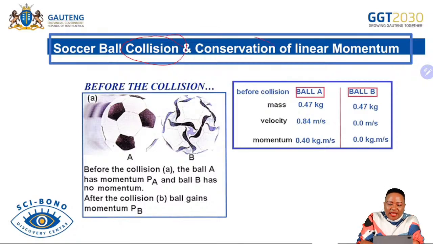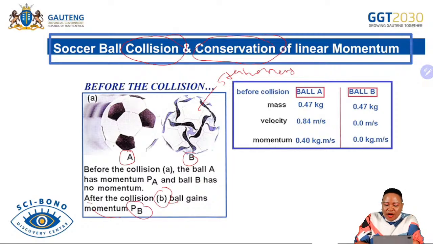We are looking now at the conservation of linear momentum. Soccer ball collision. Before the collision, we have ball A and ball B. Before the collision, ball A has momentum PA and ball B has no momentum. It means ball B was stationary or at rest. And then after the collision, ball B gains momentum PB.